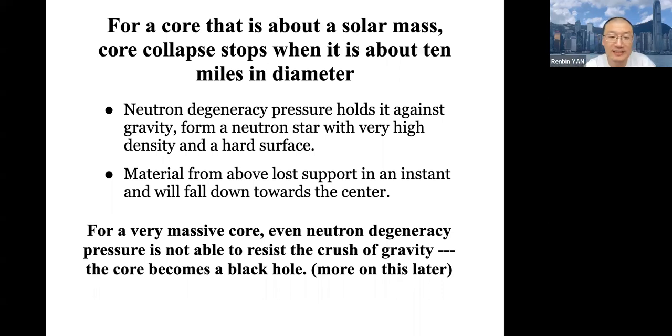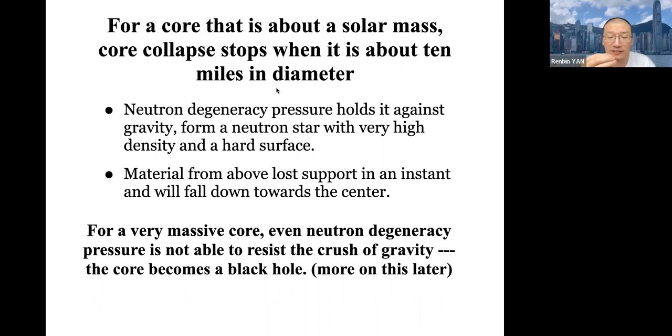Okay, if the star was even more massive, if the core is much more massive than a solar mass, then even neutron degeneracy pressure cannot resist the crush of gravity. The core can become a black hole in an instant. So it really depends on how much mass is left in the core at the end. If it's just about a solar mass in the core, not the whole star, okay? The whole star is much more massive than the sun.